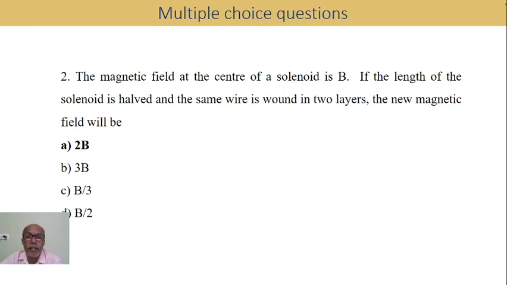the magnetic field at the center of a solenoid is B. If the length of the solenoid is halved and the same wire is wound into layers, the new magnetic field will be?